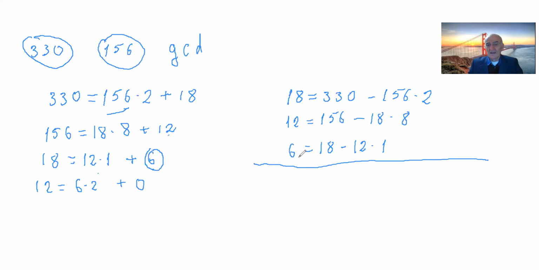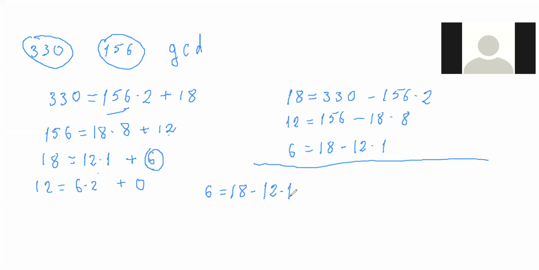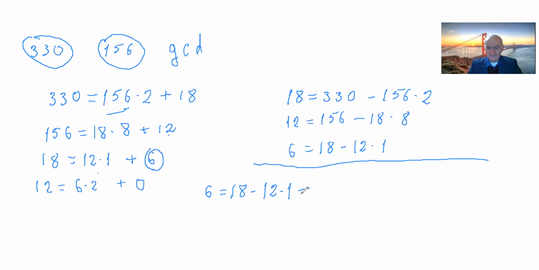For this, look now to the right side, and we will go upward. So we have here 6 equals, I will just rewrite it, 6 equals 18 minus 12 times 1. Now 12, I will replace by 12 from the expression above.